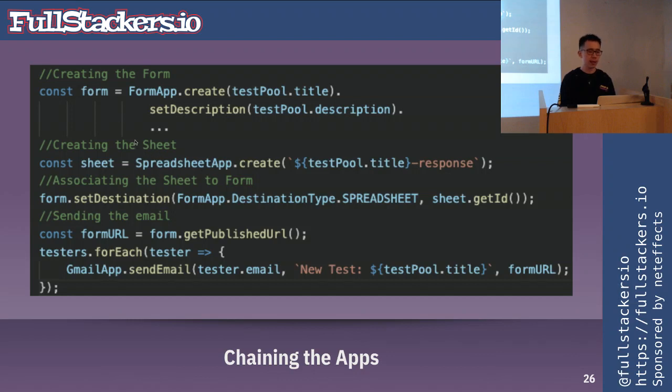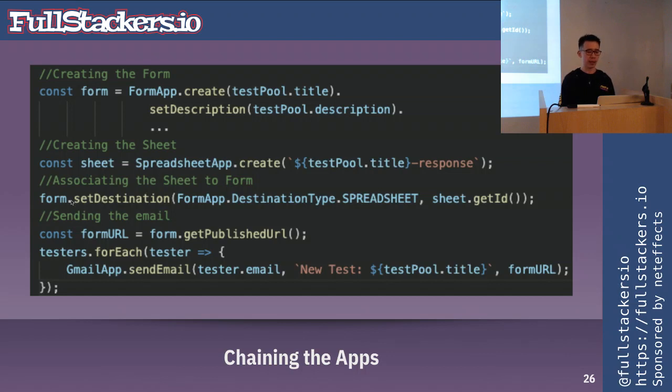And then now I need to create a Google Sheet, to set that as the destination for all my form results. So I just create the sheet, again, simply by calling the API spreadsheet app.create. I can use the same title as the form, just append with dash response, sets that as the title.